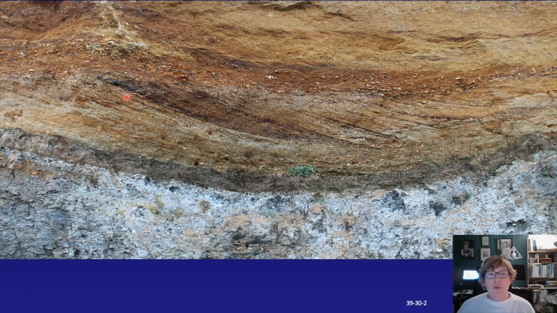And the amount of coarse-grained material depends on whether you're in the spring or the neap phase of the tidal cycle. During spring tides, the bedforms migrate the most. During neap phases, they migrate the least. So this package here represents a spring tide package, and this finer grained section represents the neap tide package, and the two together is a bundle.